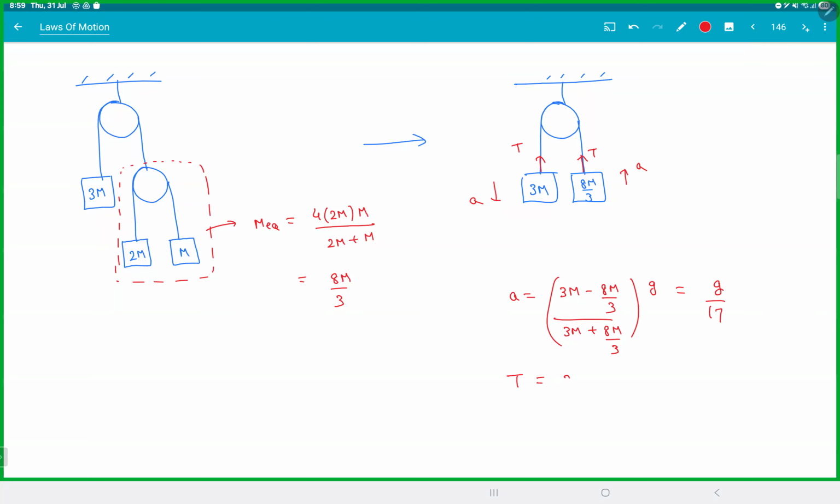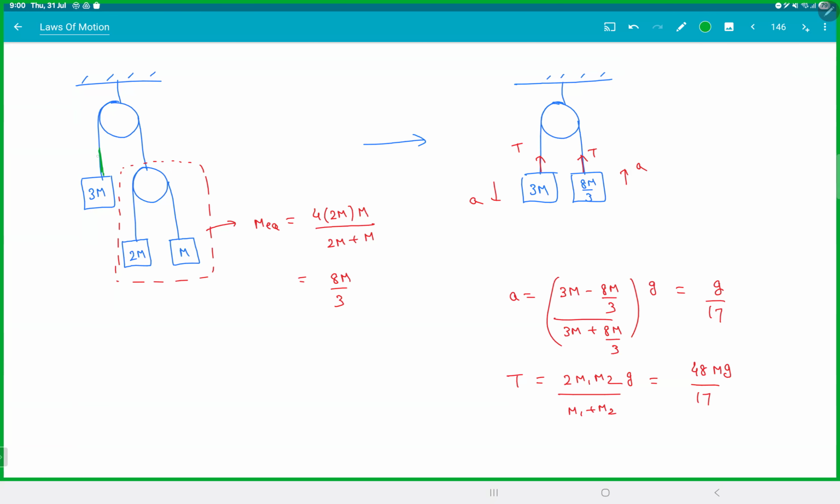So here tension will be, what is the formula there? 2 M1 M2 by (M1 plus M2) g. That would be 2 into 3M into 8M by 3, divided by 17M by 3, that is 48 mg by 17. So that would be the tension in the uppermost string.